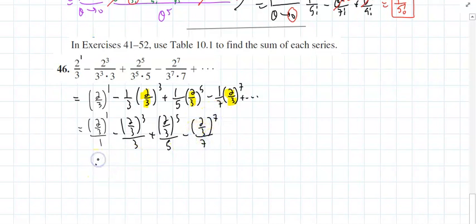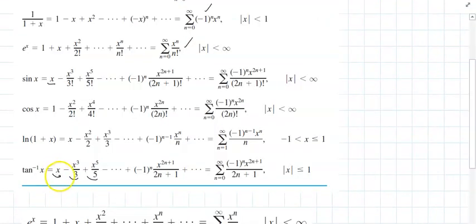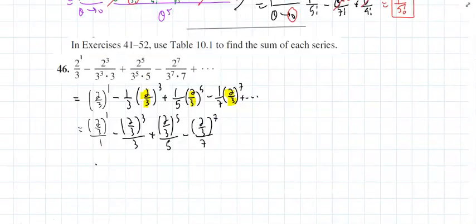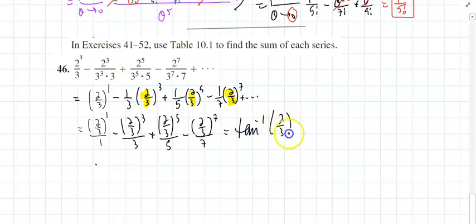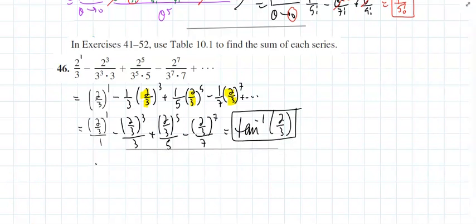Now let's see if it makes sense. Right there. 1, 3, yeah, perfect. And what did we get? It is alternating. We say that's the tangent inverse of 2/3. There it is. I want to pick one more.